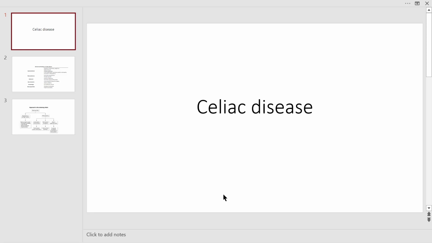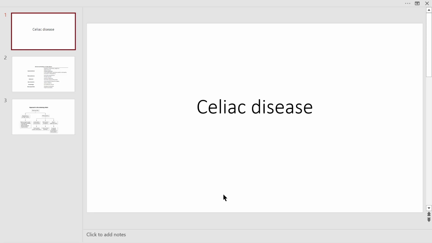Here, the common antibodies we find are anti-tissue transglutaminase antibody, anti-gliadin antibody, and anti-endomysial antibody.